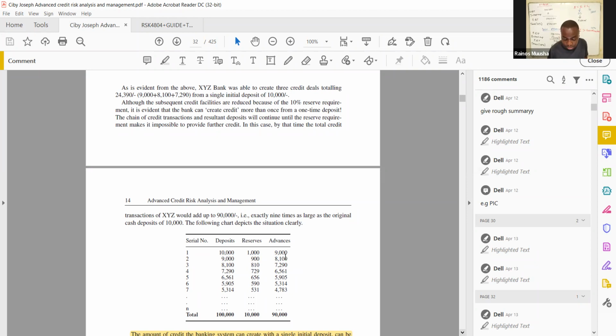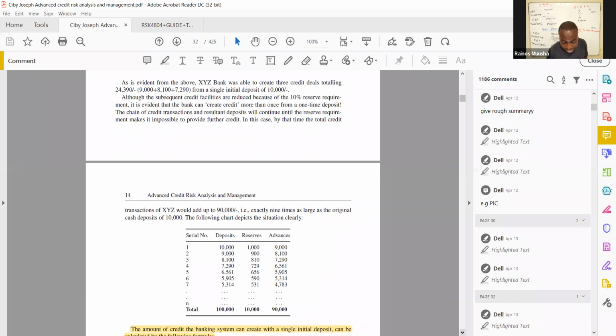And these other customers are going to spend that money somewhere else, and whoever they spend it on will come back to the bank and deposit that money as well. Then they're supposed to maintain 10%, so they are able to give out credit again, all from the same 10,000. Do you see that it's a cycle that goes on and on? Overall, the bank ends up with deposits worth 100,000.